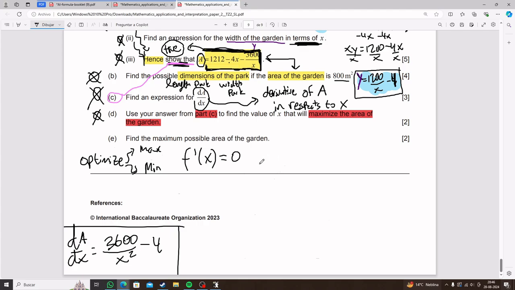And I'm going to have a quick 1 or 2 minute explanation of why you have your derivative equal to 0. But for now, you can go ahead and jump to the solution, which is, okay, so that means my derivative has to equal 0. That means I need to find 0 equals 3,600 divided by x squared minus 4. So you can go ahead and start solving for now.